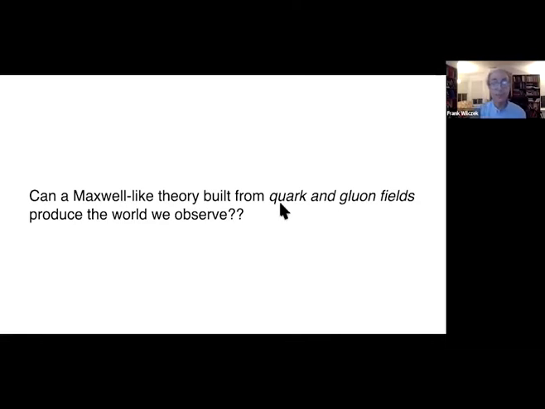Maxwell's theory, extended to a theory of electrons, describes atoms and atomic physics and chemistry, but you do see the electrons and photons, so it's not so mysterious. You build up from building blocks that you can separate and study individually.